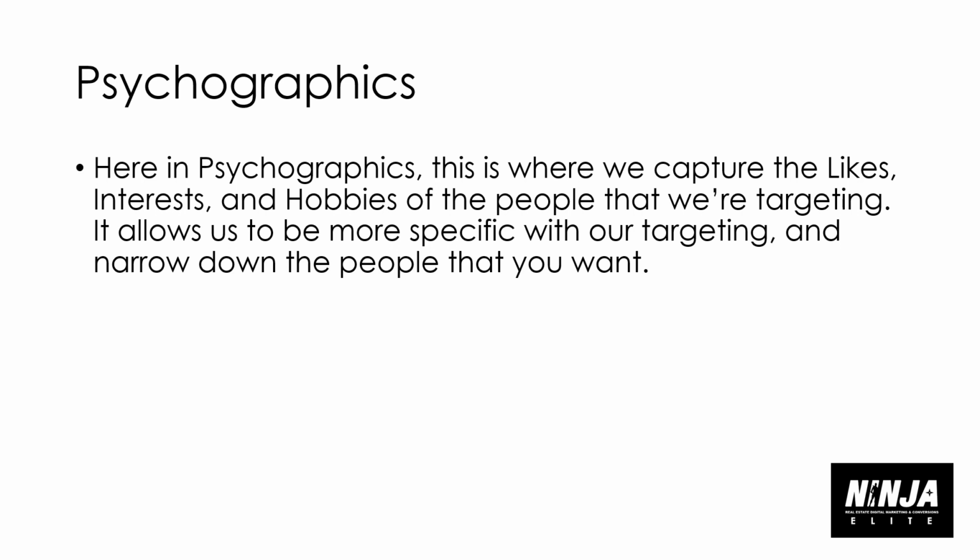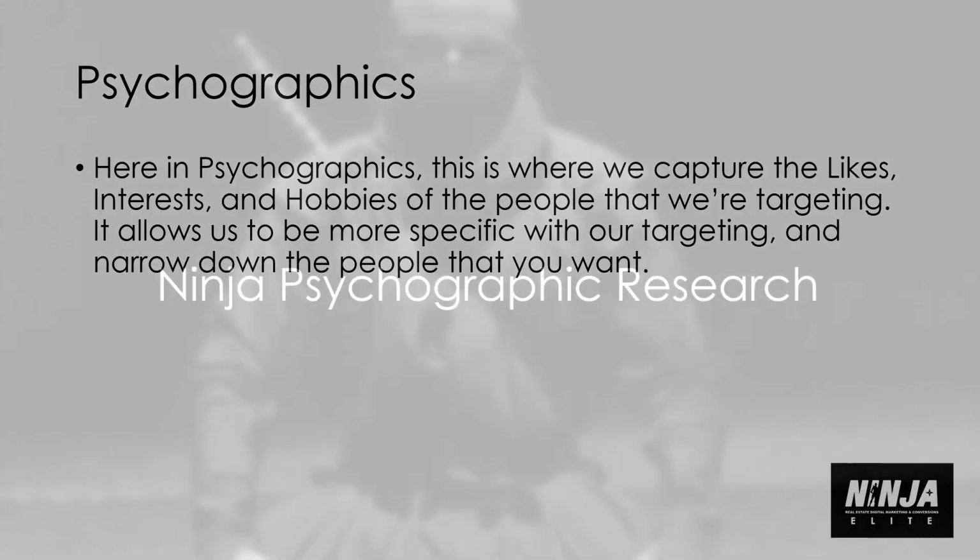Now, this might be super simple, but capturing the likes, the interests, and the hobbies of the people is pretty much basic, because this is something that you've already done, as you've filled this out already in your research form, but we're going to take it one step above.